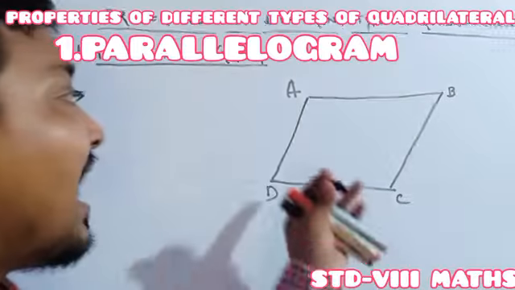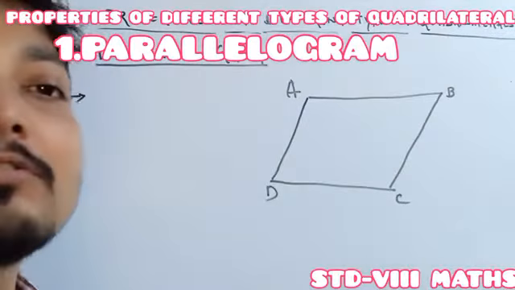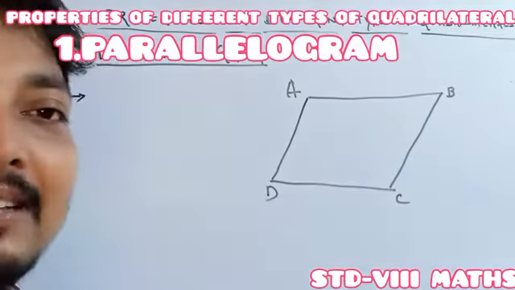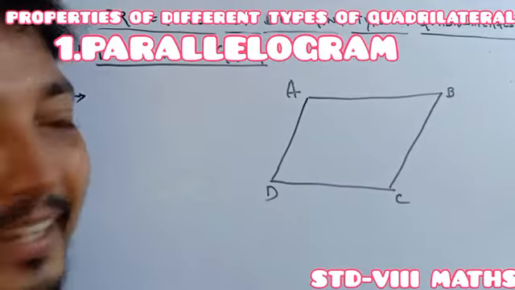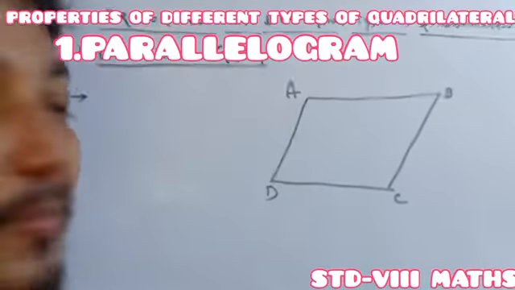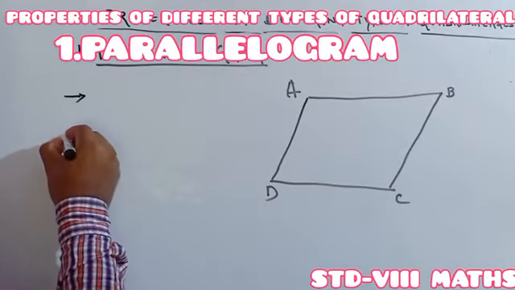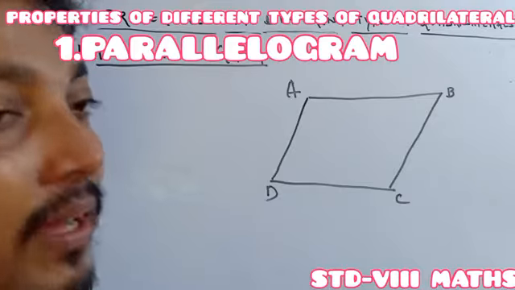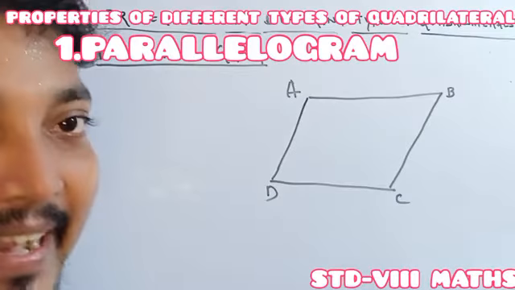First point: as it is a four-sided polygon, one can say the parallelogram is a quadrilateral. Yes or no? Second point, here only I will say you have to write: parallelogram is also a quadrilateral.